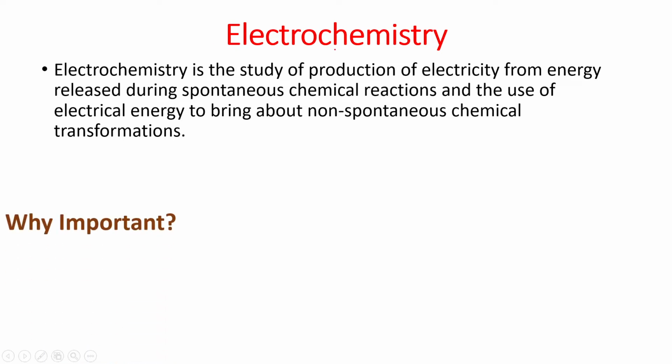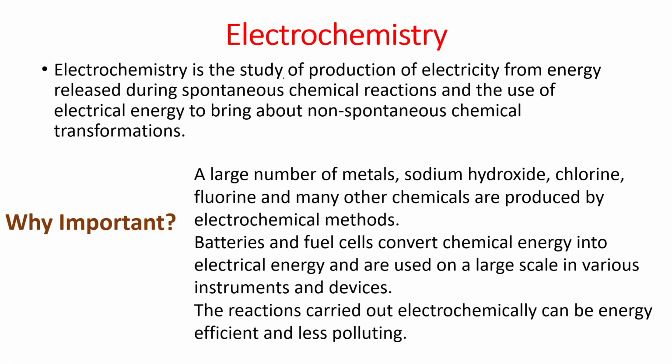So why electrochemistry is important, as I have already told, let's revise that again. A large number of metals, like sodium, or sodium hydroxide or chlorine, fluorine, and many other chemicals are produced by electrochemical methods.